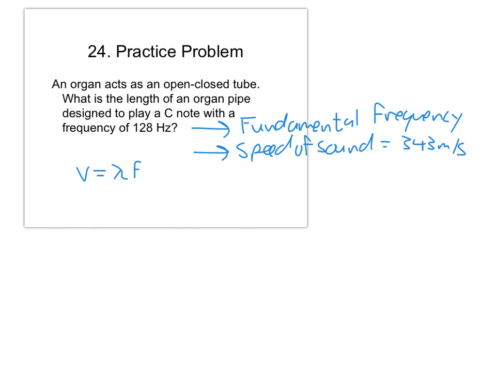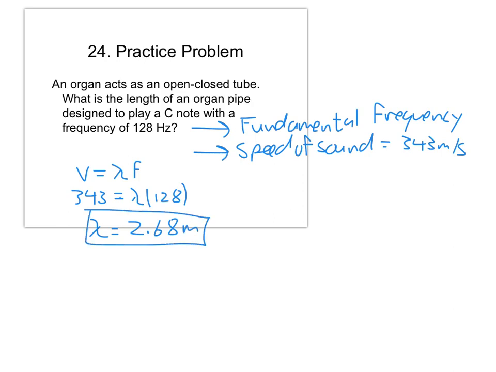So we can go ahead and say that 343 is going to be equal to our wavelength, which we are trying to find, multiplied by our frequency of 128 hertz. And so when we go ahead and solve for that wavelength, we find that the wavelength here is going to be 2.68 meters.